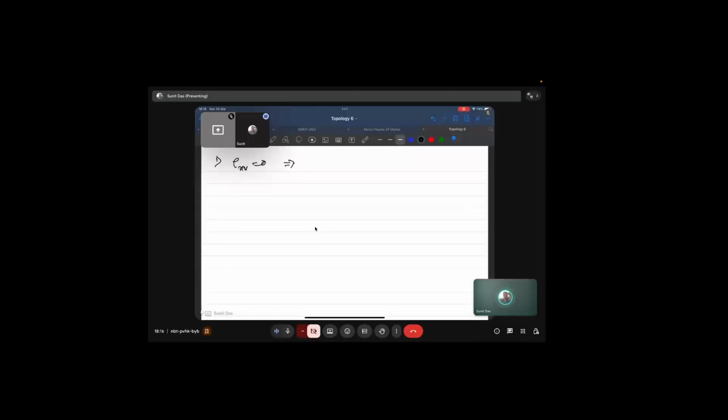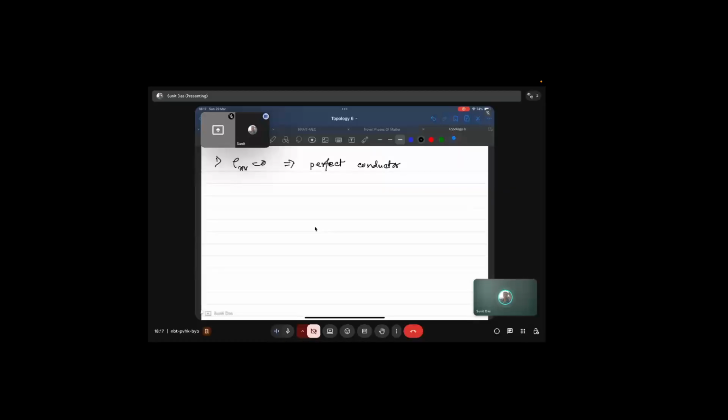So when rho xx is zero, what we mean is that it's behaving like a perfect conductor, right? There is no resistance in the longitudinal direction, so it's behaving almost like a perfect conductor.